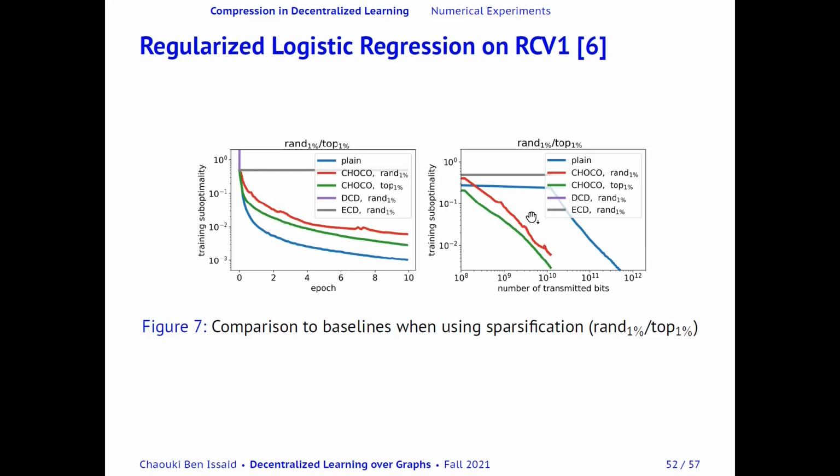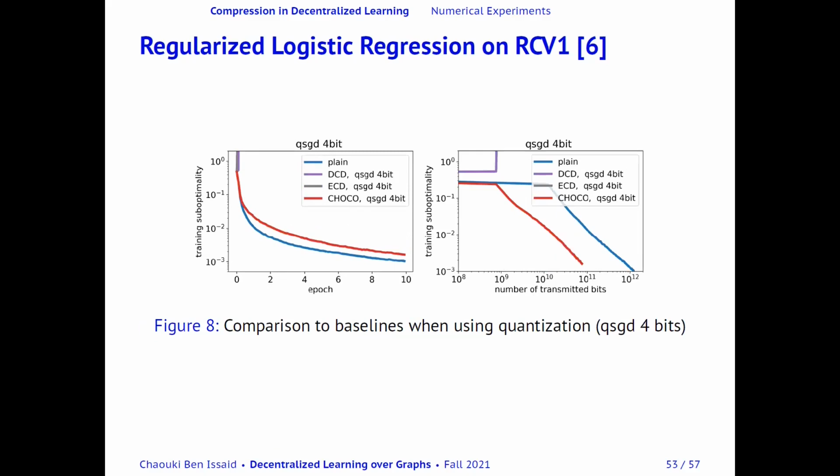In fact, in the right plot, we can see that SPARQ-SGD is using 100 times less communication than vanilla decentralized SGD to reach a training suboptimality of the order of 10 to the power minus 2.